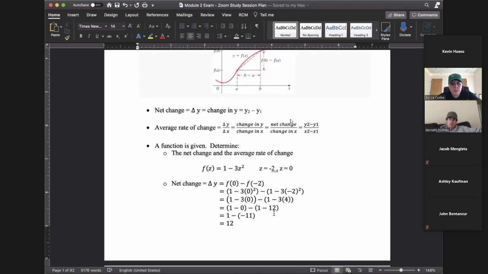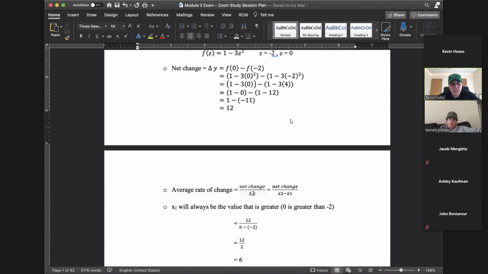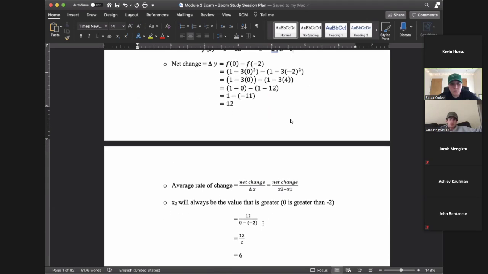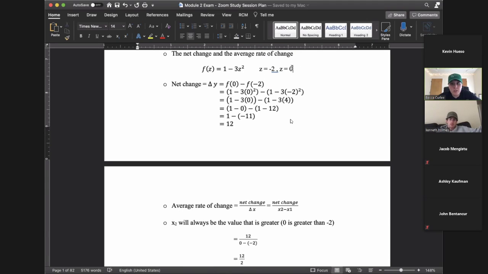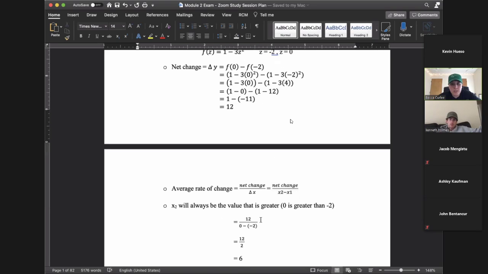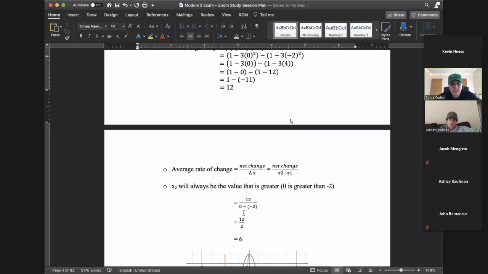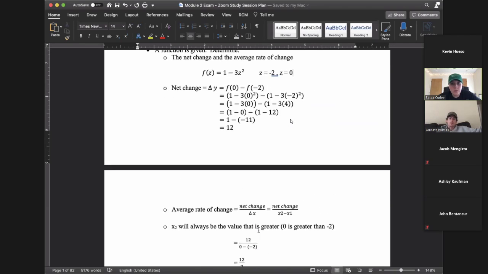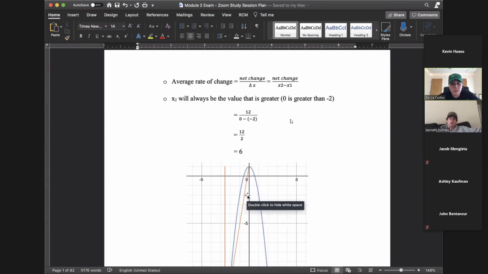Yep. All right, so then you take your net change over your change in x. Here's your x's right here, -2 and 0. So you're taking that 12, which was the net change that we found, over 0 minus -2. So it's 12 over 2, which is 6. This is the graph of the function we just looked at, 1 minus 3z squared.